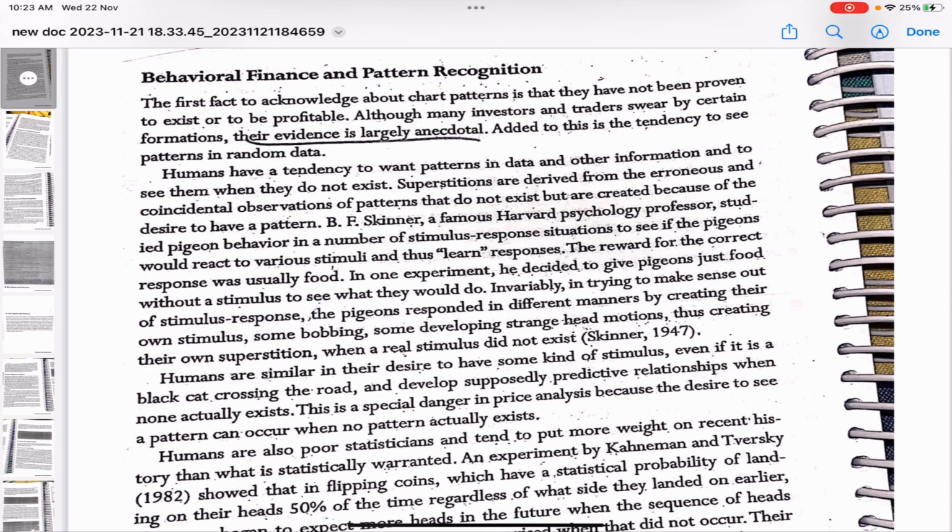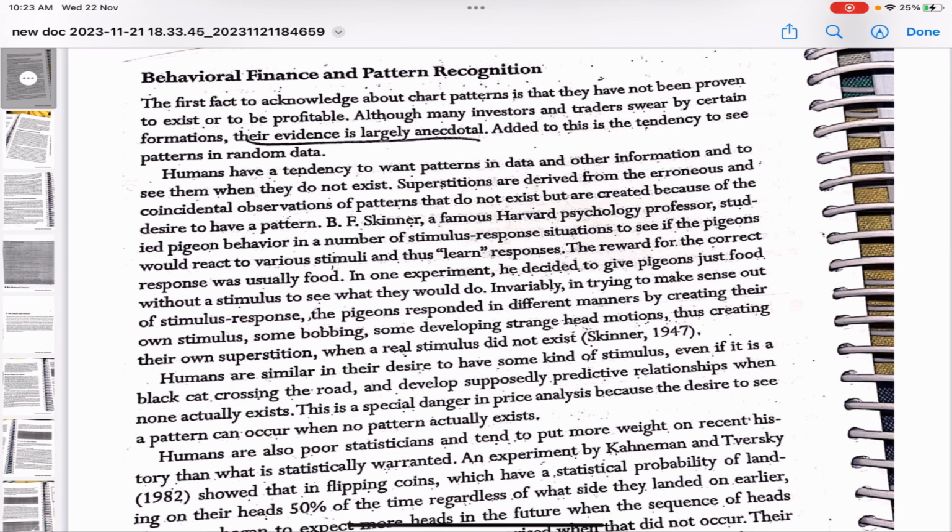Okay. Humans have a tendency to want patterns in data and other information and to see them when they do not exist. Superstitions are derived from the erroneous and coincidental observations of patterns that do not exist but are created because of the desire to have a pattern.